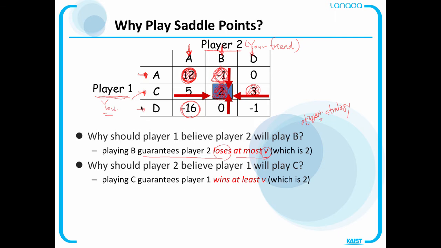If player 1 chooses D, what's the smallest payoff? That's -16. And player 2 believes that player 1 tries to maximize the payoff, so she will choose C because it guarantees winning at least V. At least I can get a payoff of 2 from player 1's perspective. So that's player 2's belief.